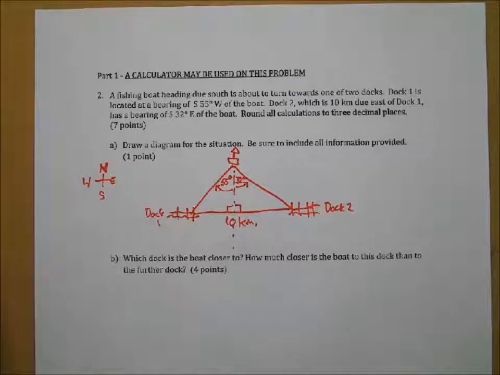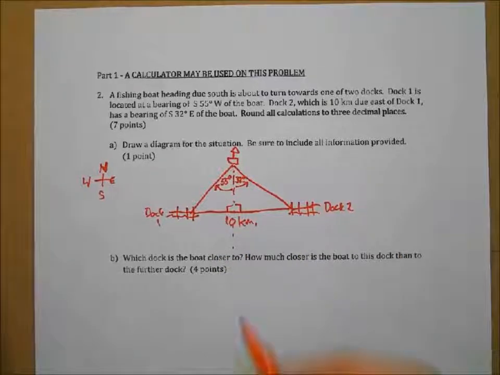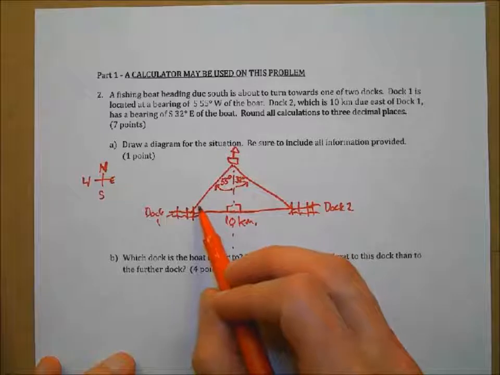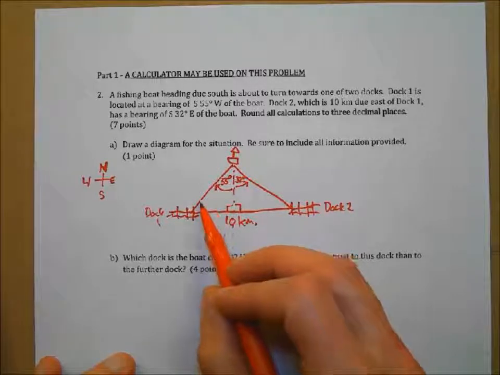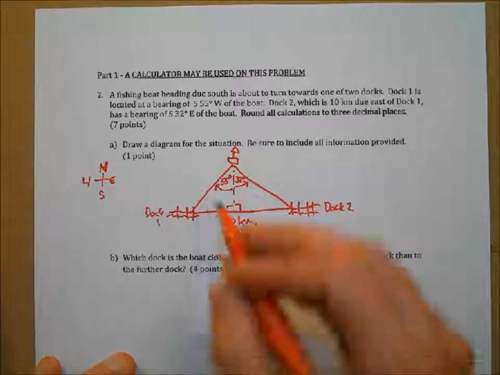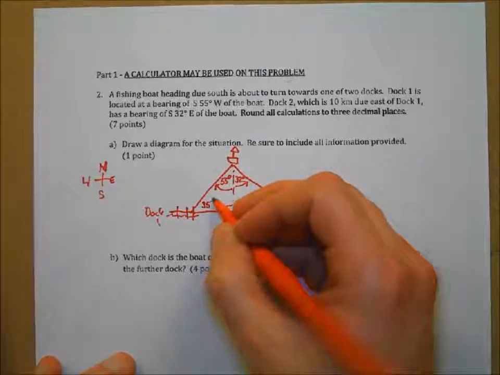So now we have this information. We can find the missing angle, like here, for example. What's this angle going to be right here? Yep, so 35 degrees, I think is what that ends up being. Okay, and then what about this angle right here?